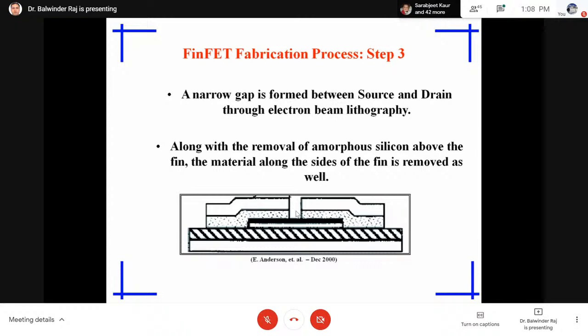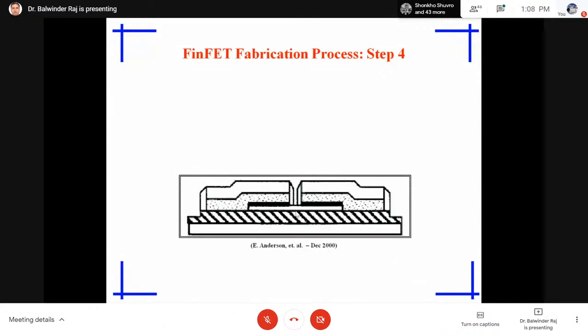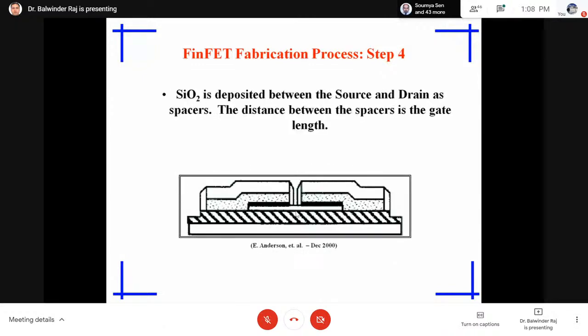If the dose is sometimes slightly increased, then the overlap type of structure will be there. Then we have a FinFET fabrication.